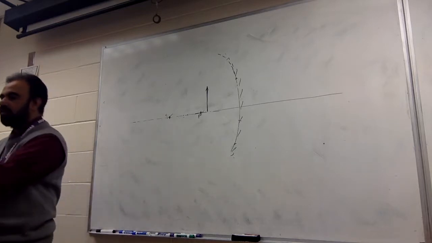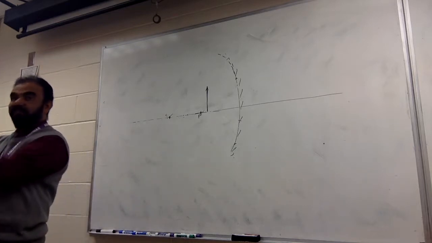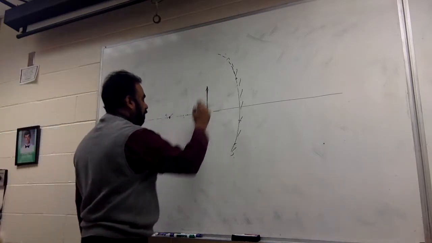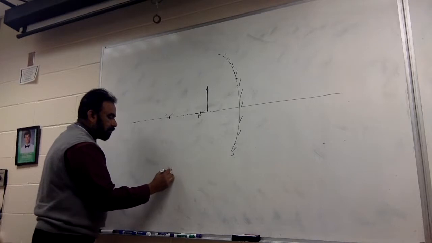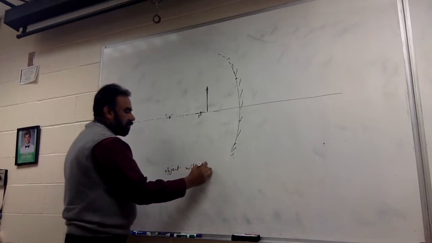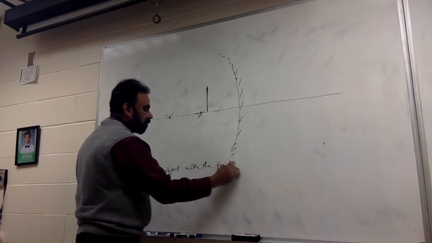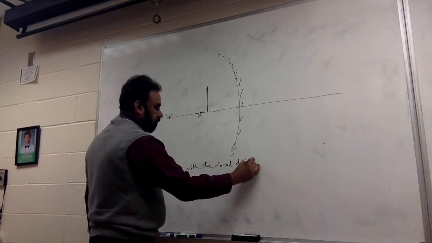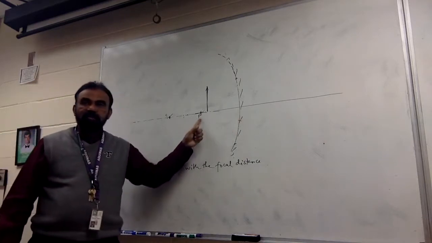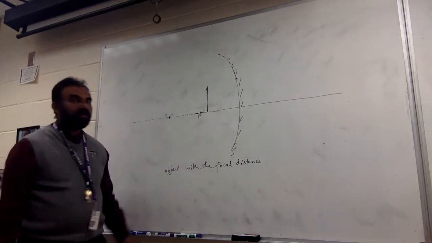So if that's a focus, we put the object inside the focus. Now the ray diagrams go like this. So object within the focal distance. Okay, the focal distance is from here to here. So we're putting it within the focal distance.